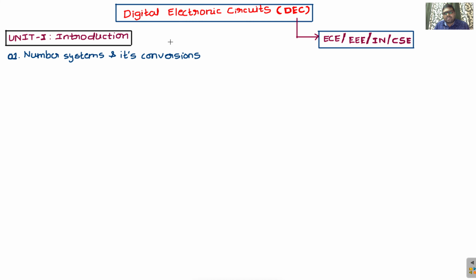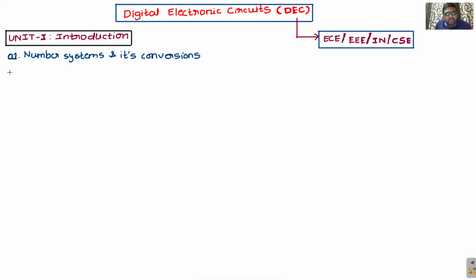For example, if you take the binary number system, we need to convert it into the decimal number system. So binary to decimal, decimal to binary, binary to octal, octal to binary. These are the conversion possibilities we have, and we will discuss them in this topic, number systems and its conversions.